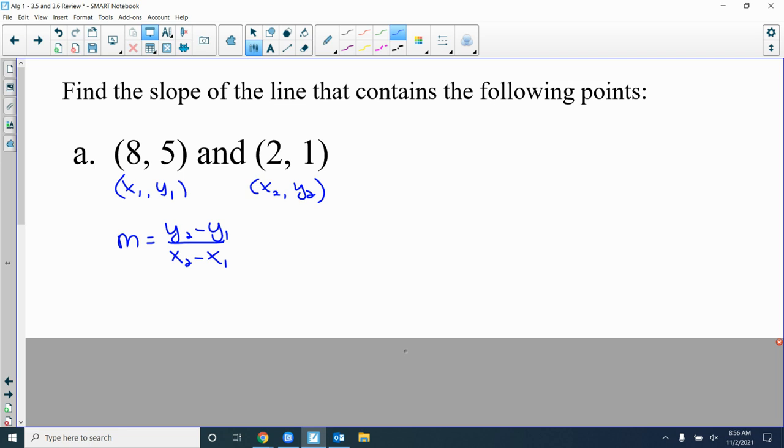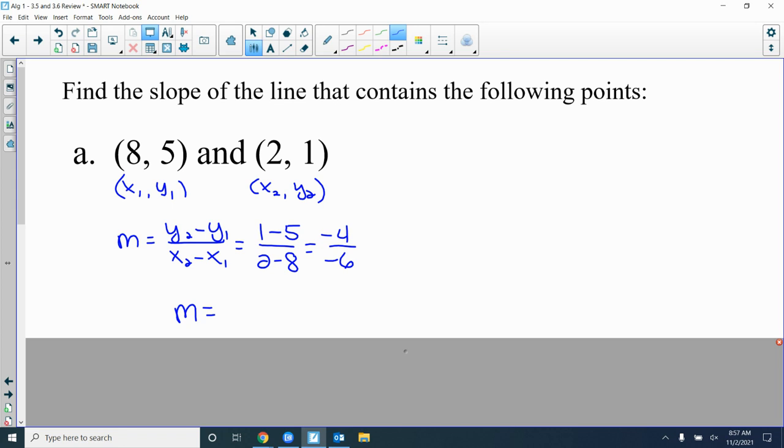I'm going to go y2 minus y1. 1 minus 5 over 2 minus 8. 1 minus 5 is -4. 2 minus 8 is -6. And I did this on purpose because you got to watch here. -4 divided by -6.